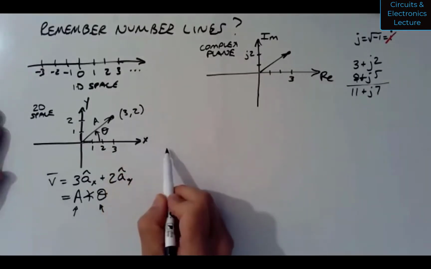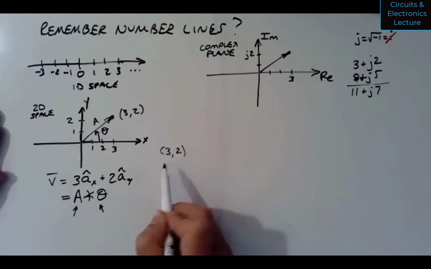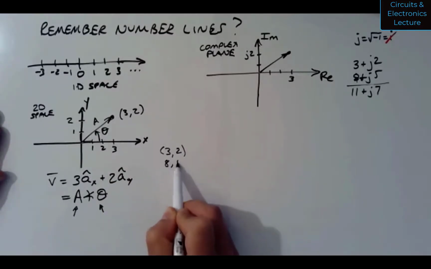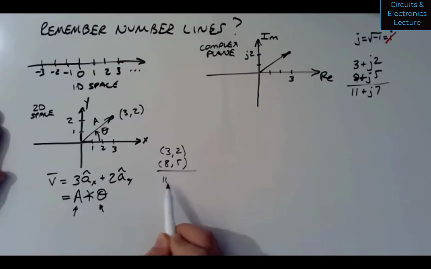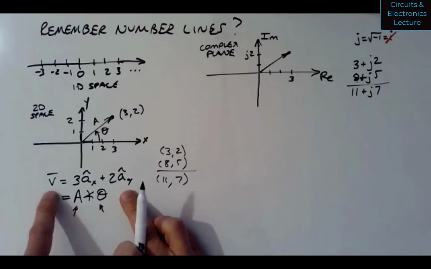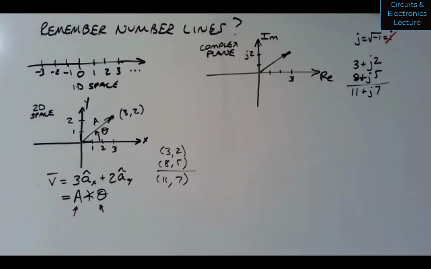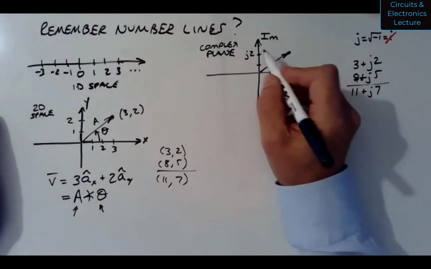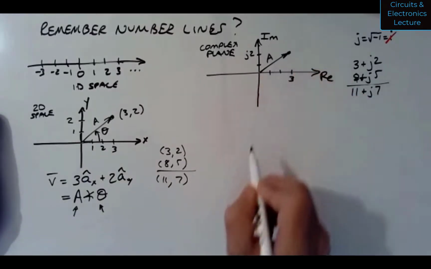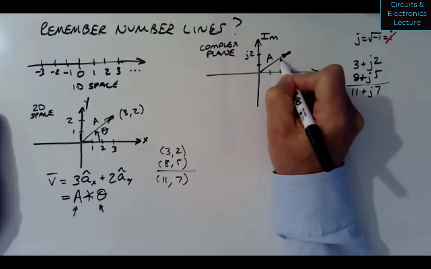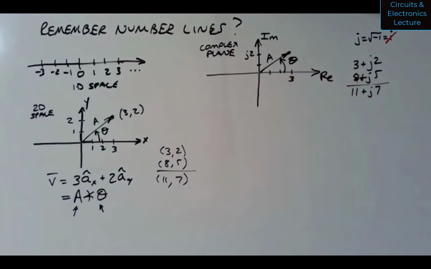And if I add 2 vectors over here, 3 comma 2 and what was it, 8 comma 5, right? You get 11 comma 7. And same thing if you use the unit vector notation. So my point is, it's a way of keeping X and Y values separate, and it's also a way to represent a magnitude and an angle in polar form, okay?